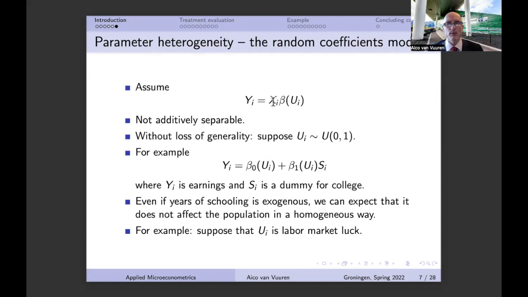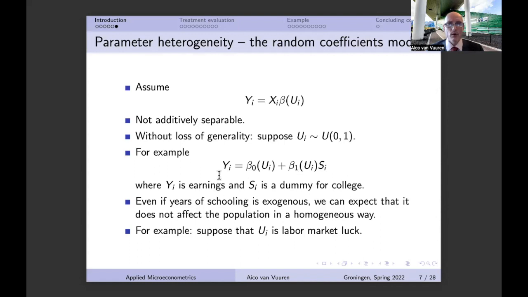Even though we do of course know that there are many more things that are important with respect to wages, we're just going to have one dummy for college. So si is now going to be a college dummy. It's equal to 1 in the case that you have a college degree, and it's equal to 0 at the moment that somebody doesn't have a college degree.